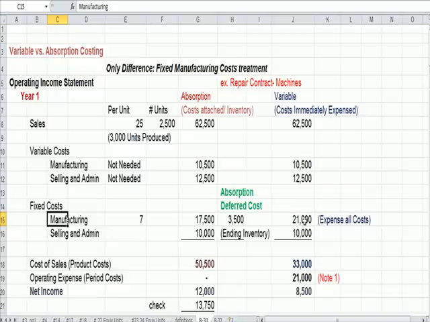Here's the difference. With variable costing, we expense the entire $21,000 that was spent.